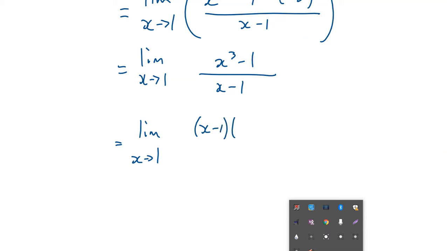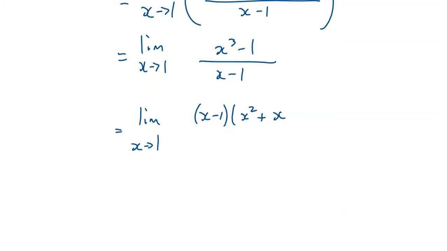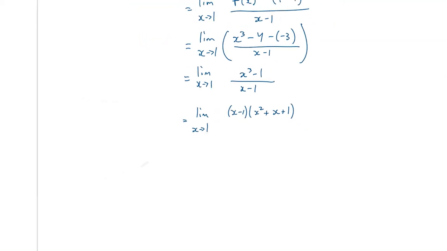and then it's x squared plus ab, so x times 1, so just plus x, plus 1. Where do I have space to write that out?